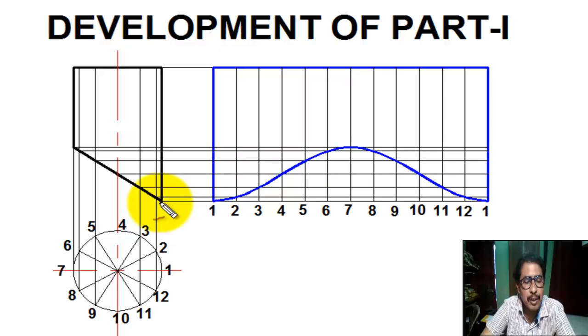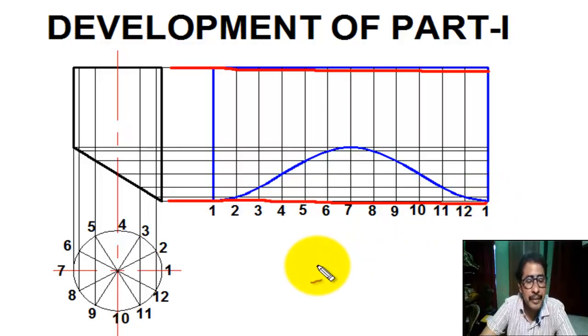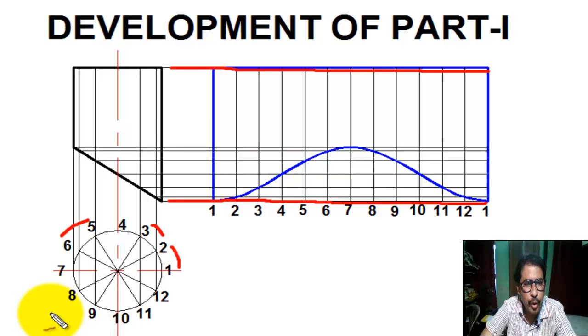Now from this point and this point, draw parallel lines. From this point, draw parallel projection line. Now this circle is divided into 12 equal parts. All parts, 1-2, this part, or 2-3, this part, any part are equal.